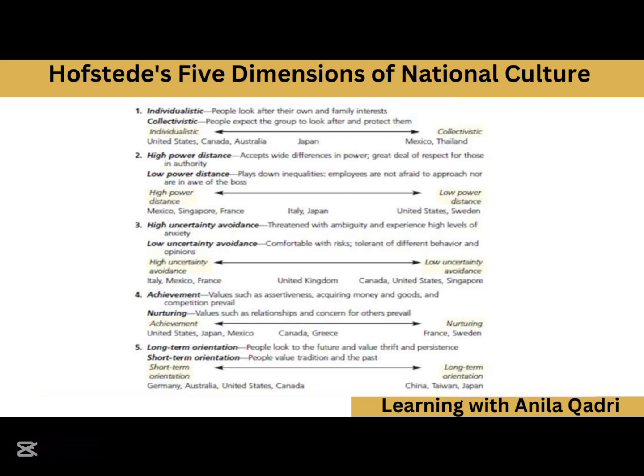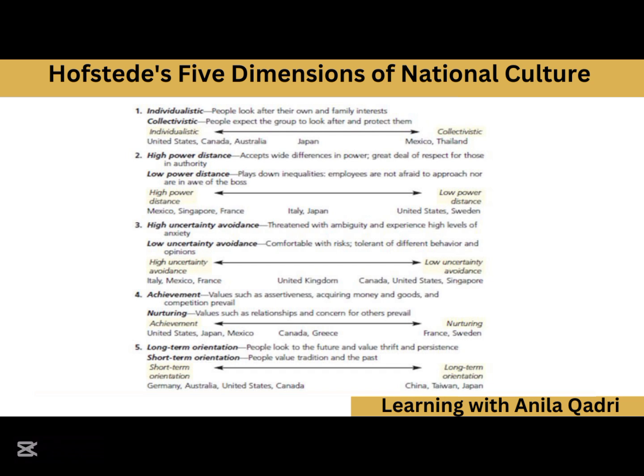Here you can see Hofstede's five dimensions of national culture. Number 1, individualistic: people look after their own and family interest. Collectivistic: people expect the group to look after and protect them.